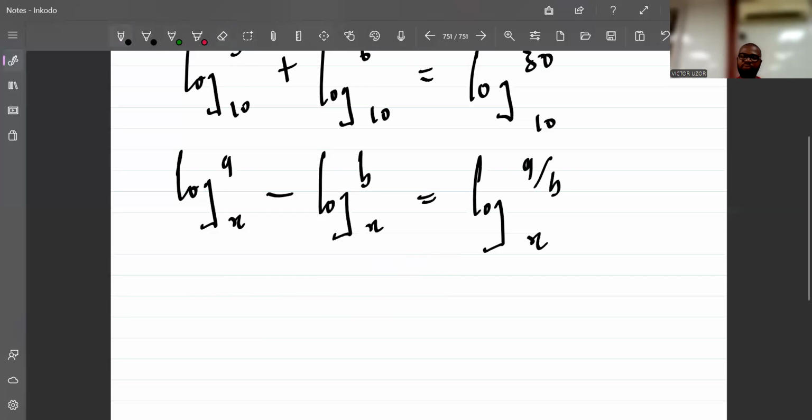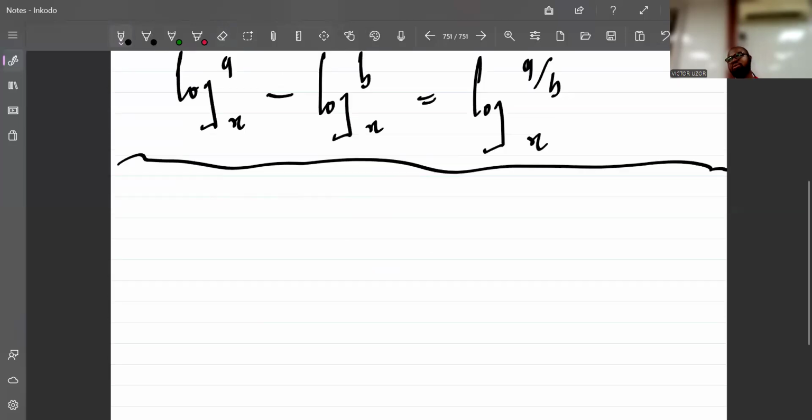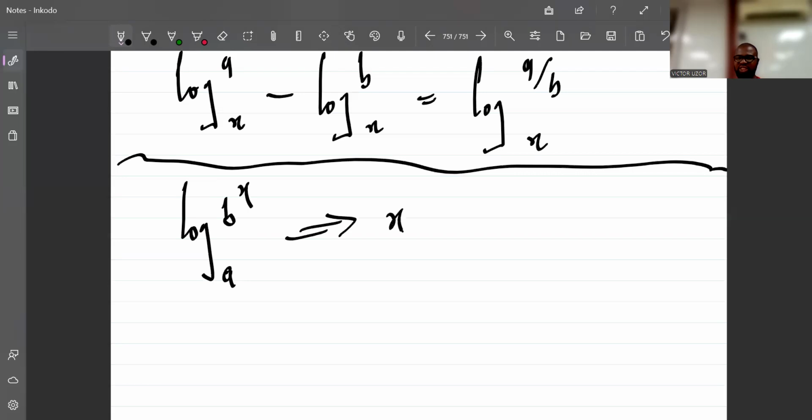So another rule of logarithm, I can call it the power law. When you have log b base a, raised to power x, it is the same thing as x log b base a. You see what I did there?